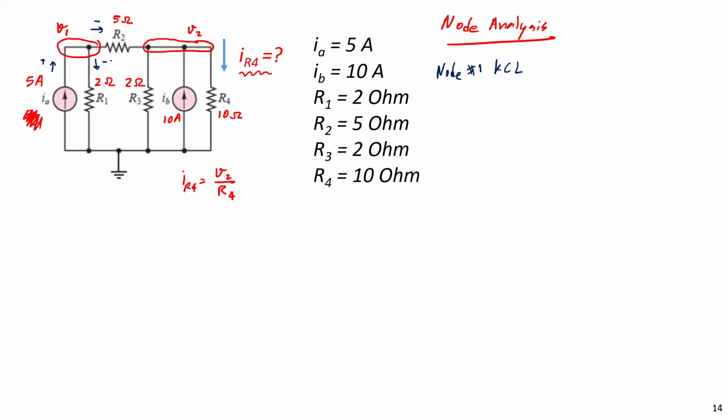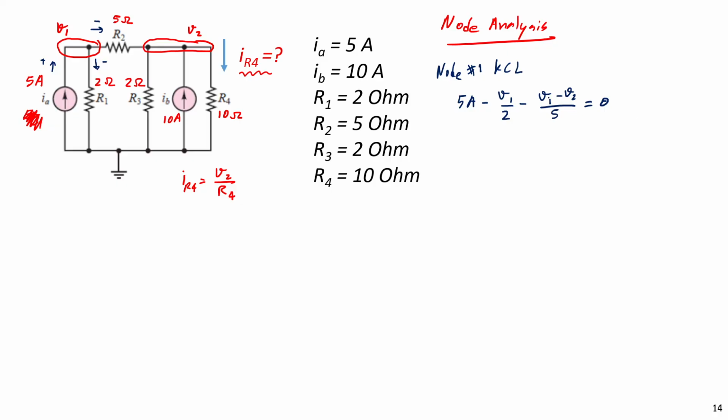So flowing in is 5 amp. And the current flowing out is minus V1 divided by 2 ohm, and then minus (V1 minus V2) divided by 5 ohm. The sum of the currents is 0.